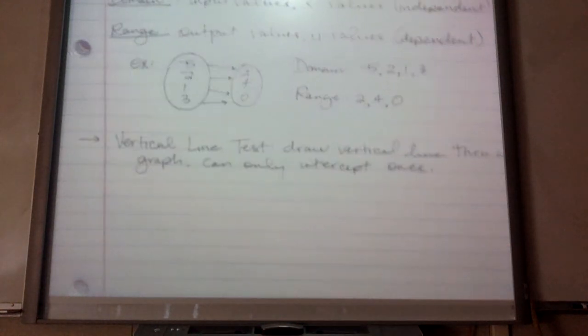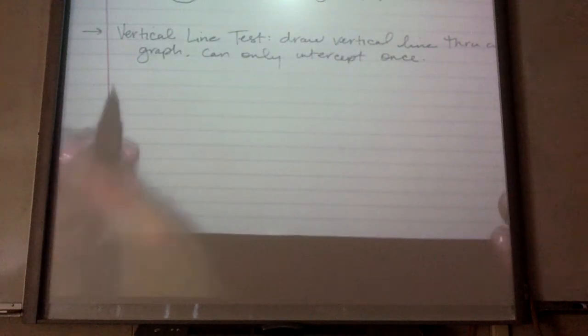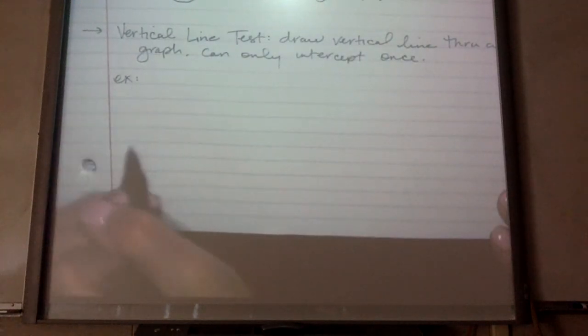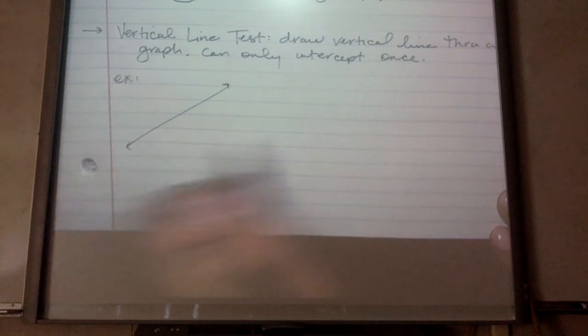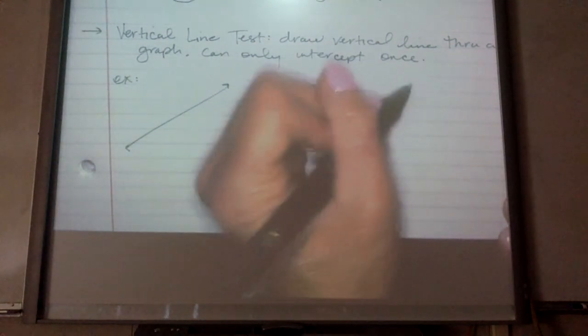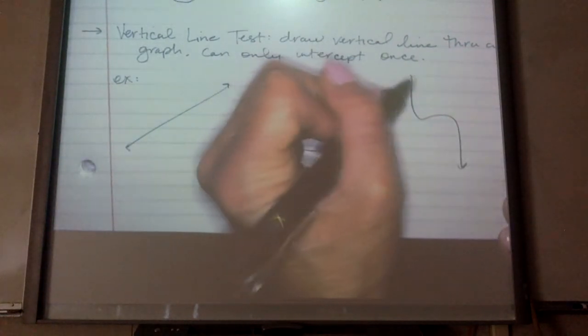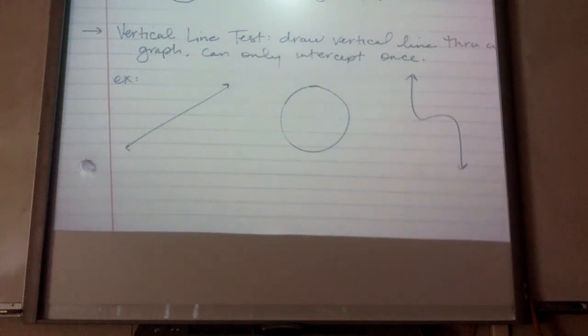So for example, I'm going to draw 3 graphs: 1, 2, 3. If I draw a vertical line, it only intercepts this one time.